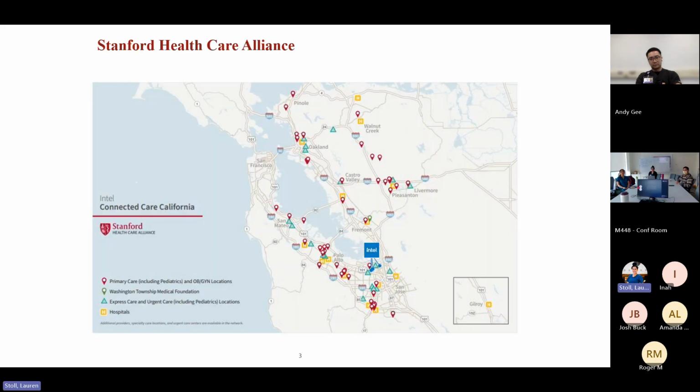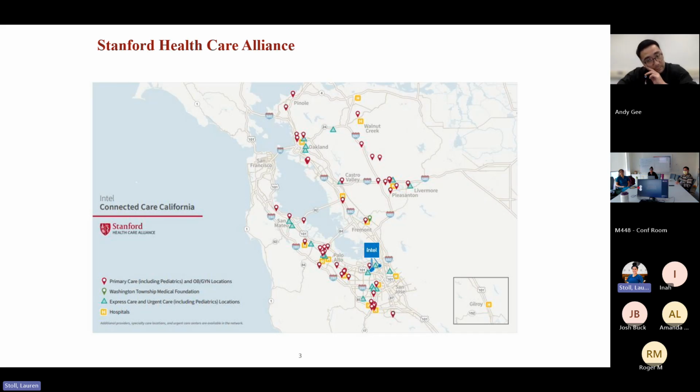I included this picture in the presentation because it illustrates the breadth and depth of the Stanford Healthcare Network and the great impact that Stanford has all over the Bay Area. Stanford is comprised of the primary medical center, where you will be having your residency, the main campus in Palo Alto, but there are also many satellite and outpatient clinics.